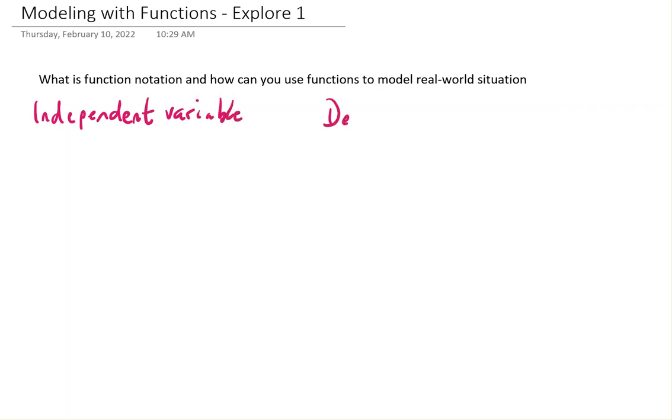Please write these down and take a few seconds to copy the definitions, and then I'll give you my definitions. Okay, so it told you that the independent variable is the input and the dependent variable is the output.